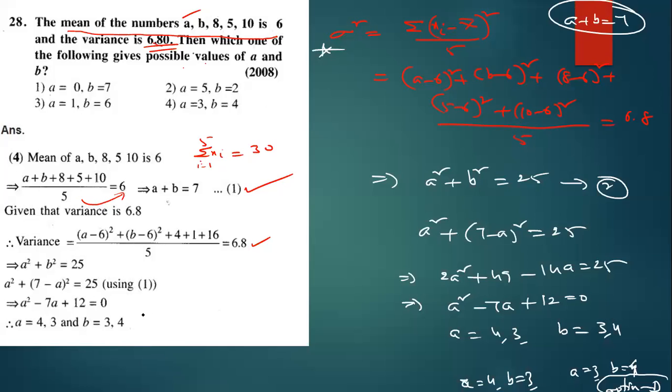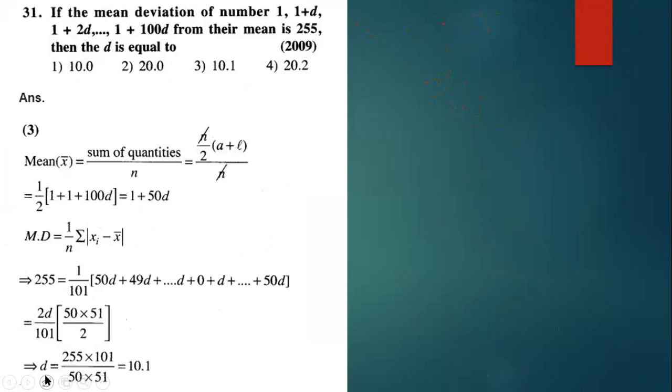Next one, see the next question. If the mean deviation of the numbers 1, 1 plus d, 1 plus 2d, and so on, up to 1 plus 100d, from their mean is 255, then what is d?